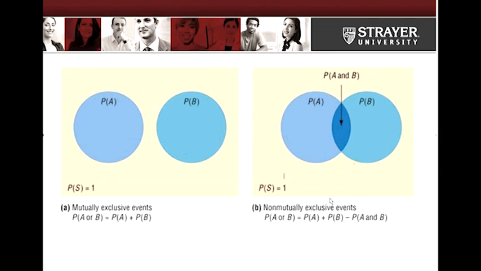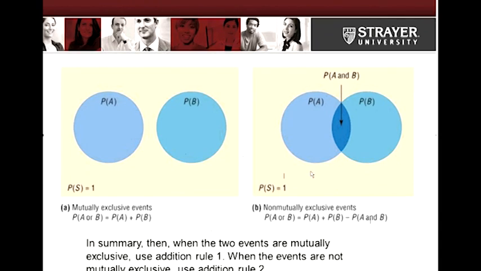It was an A, but it was also B. So it's P(A) plus P(B) minus the probability of A and B. So and means both at the same time, has to be both of them together. Or means at least one. Or actually could be both, but and means that it has to be both. So in summary, when the two events are mutually exclusive, use addition rule 1. If the events are not mutually exclusive, you'll use addition rule 2.